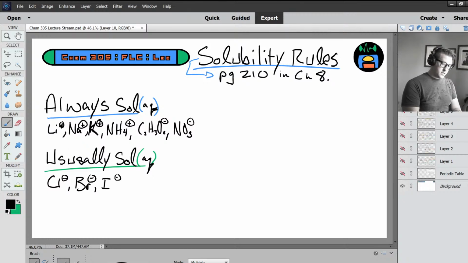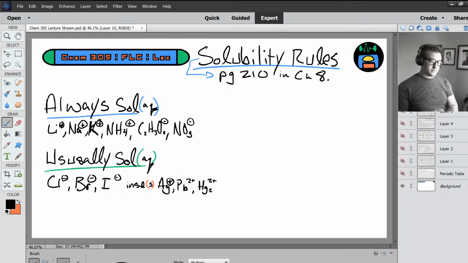Now, I said these are usually soluble, but you should know that they are insoluble, which in other words means that if paired with these ions, they will be solid precipitate. These are insoluble with silver 1, lead 2, and mercury 1, which is a polyatomic ion. So if chloride, bromide, or iodide are paired with any of these, they're solids. Otherwise, they'll be aqueous.